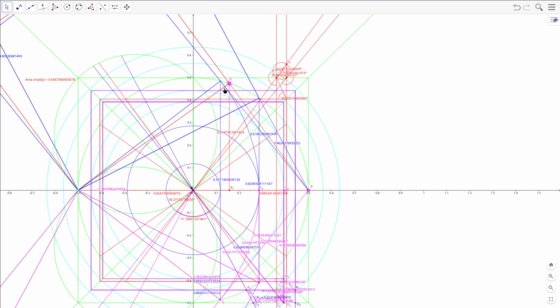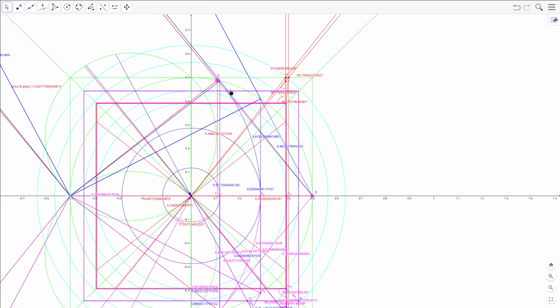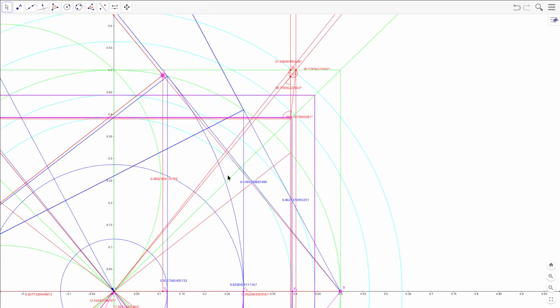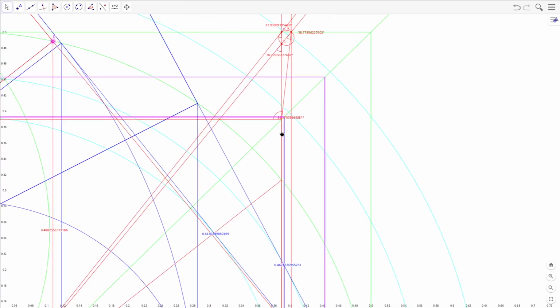And let's get closer here. So here's this red square. If it goes all the way through, it goes like that.